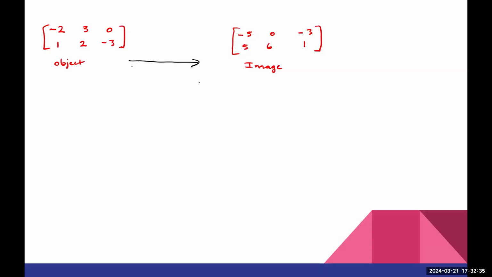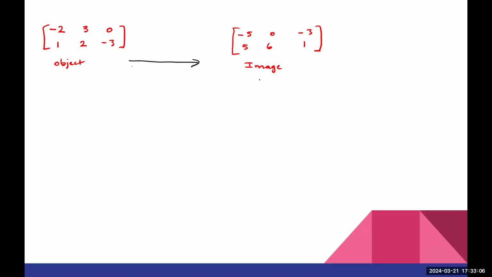So remember, when we're translating an object and we have the translation vector, what do we do with the coordinates? Yeah, add them. So we add it. If we were given the translation vector, we would simply add it to the coordinates to get the new image, right?